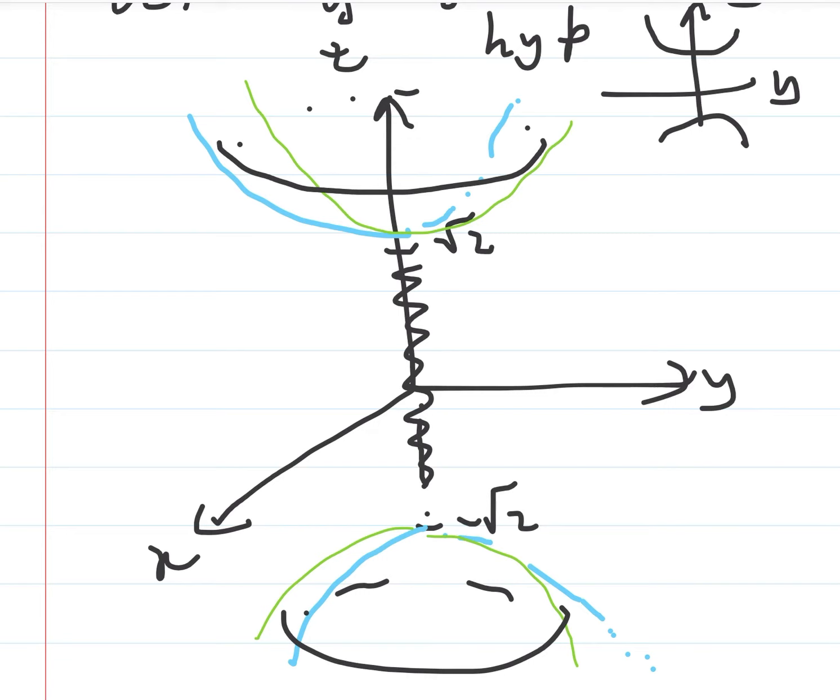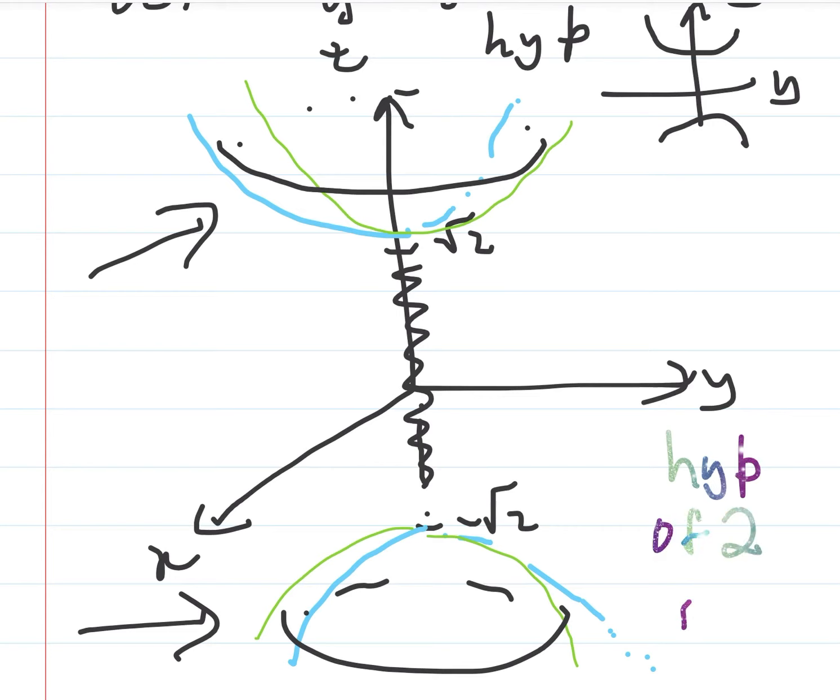So there's a hyperbolic shape facing upwards, and there's a hyperbolic shape facing downwards, whose cross sections are ellipses, not circles. And this is also a hyperboloid, but we call this a hyperboloid of two sheets. I'm not going to spell that out. Hyperboloid of 2 sheets. The previous one was a hyperboloid of 1 sheet.